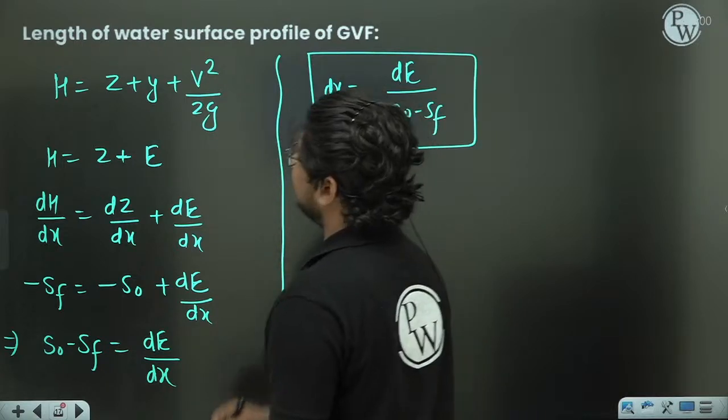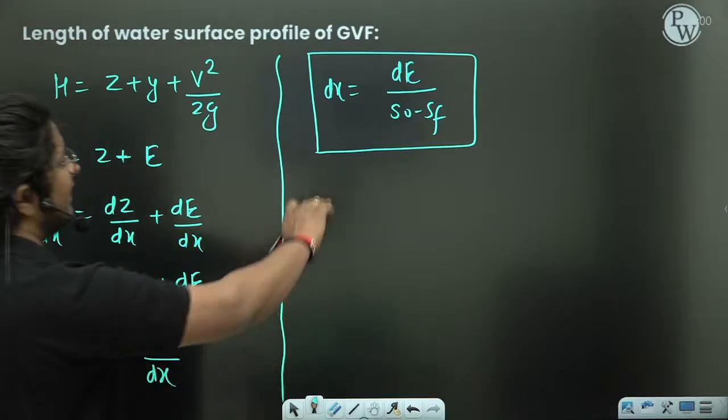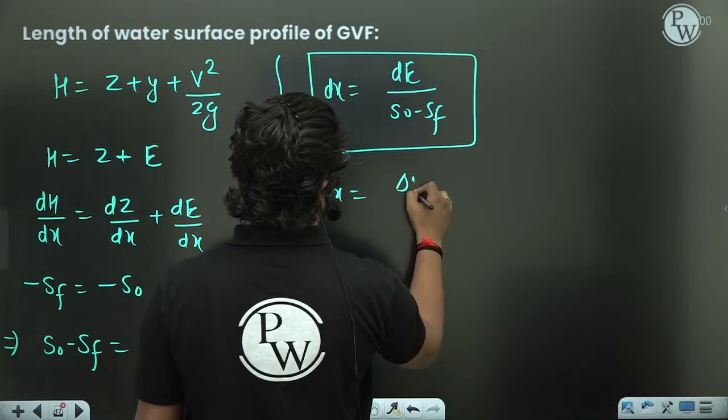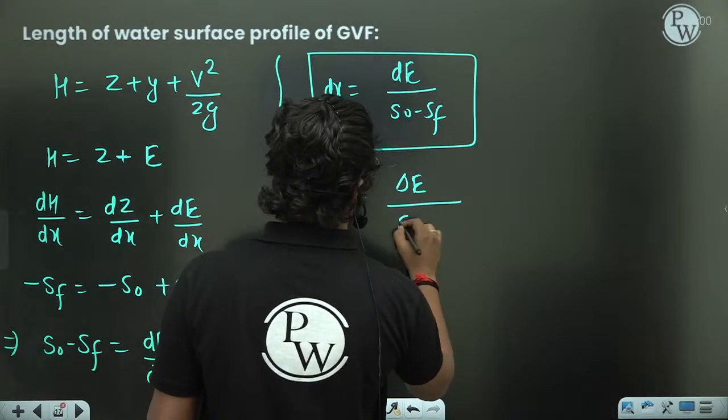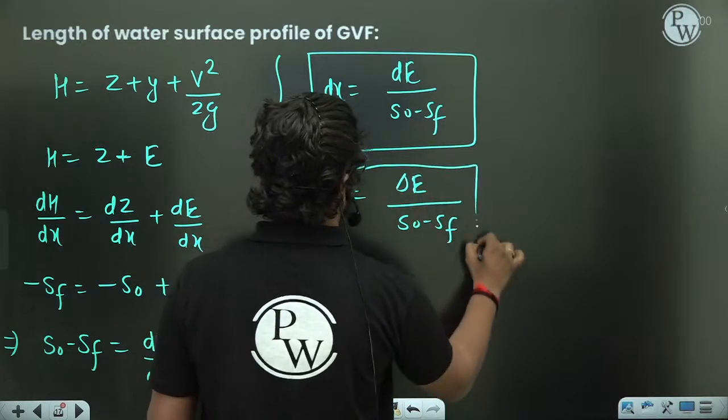So this is nothing but the formula to find out the length of the GVF profile. Delta E, you can write in this way also: delta X is equal to delta E upon (S naught minus SF).